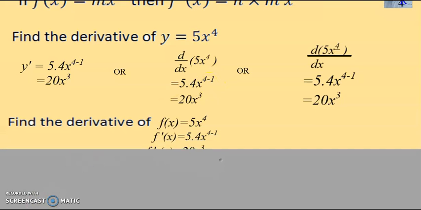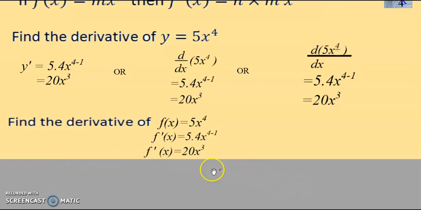If they ask me to find the derivative of f of x is equal to 5x to the power of 4, now notice that the writing is different. There they asked me y is equal to 5x to the power of 4. Here they say the function of x is equal to 5x to the power of 4. Now I will answer this one to calculate the derivative.